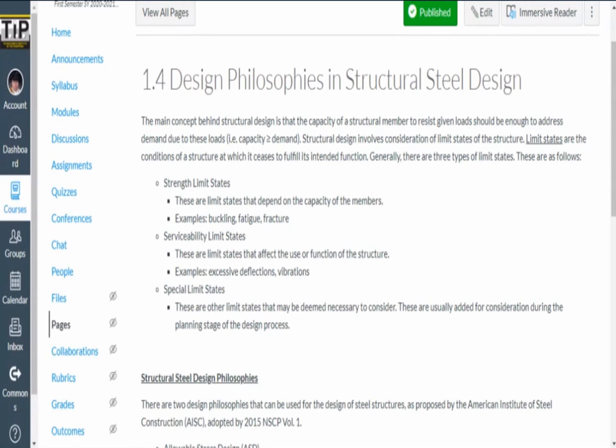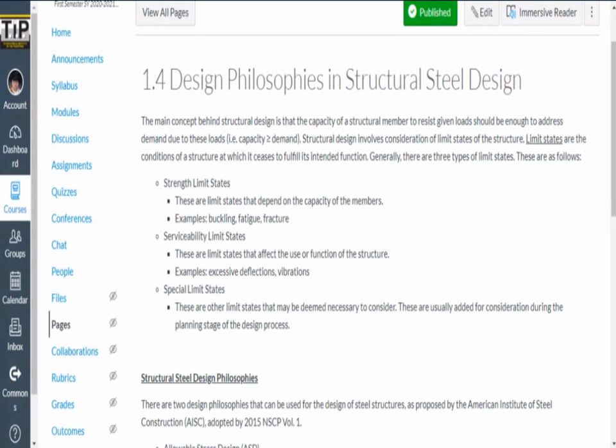So excessive deflections may lead to some features of the structures to be unusable. So for example, if a beam above a door deflected excessively, you may not be able to open the door normally anymore. Okay? Because the door will be compressed.